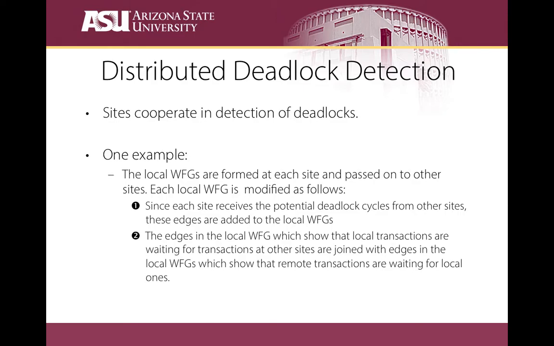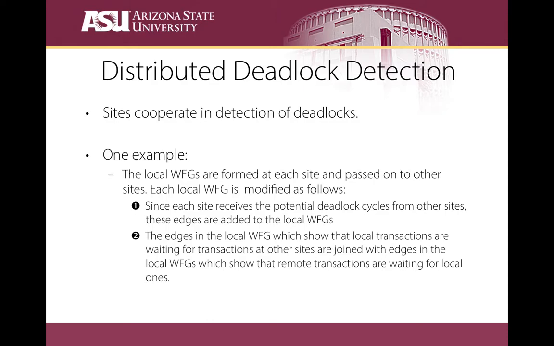So in that sense, you cannot just easily test local wait-for graphs. This means you have to send signals to the other sites. If you have an external edge, you have to send this edge, or probably potential cycles, to the other site.